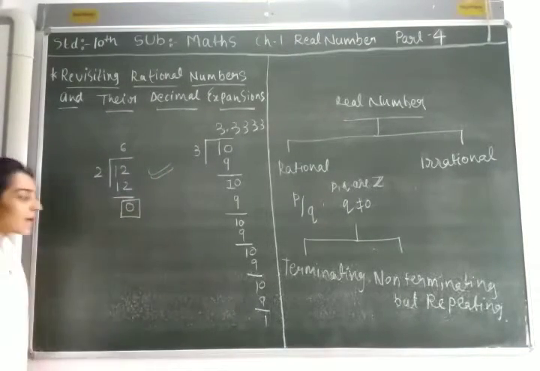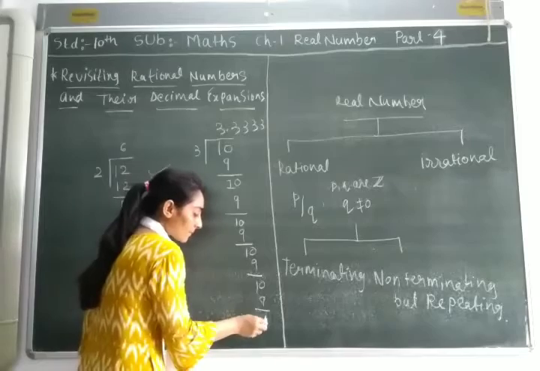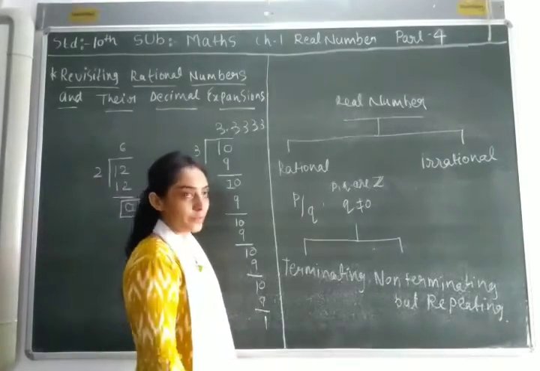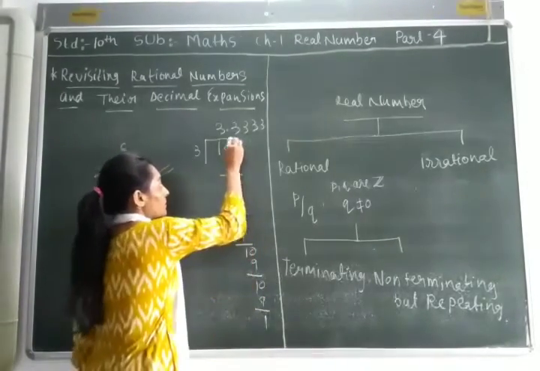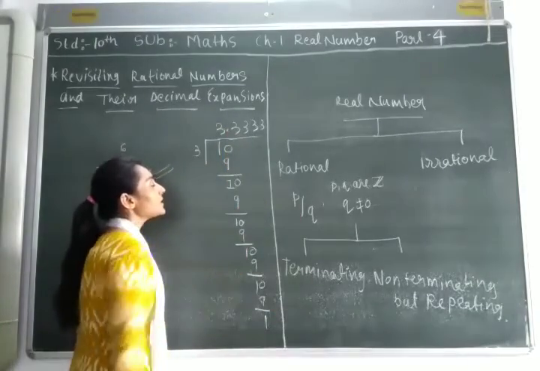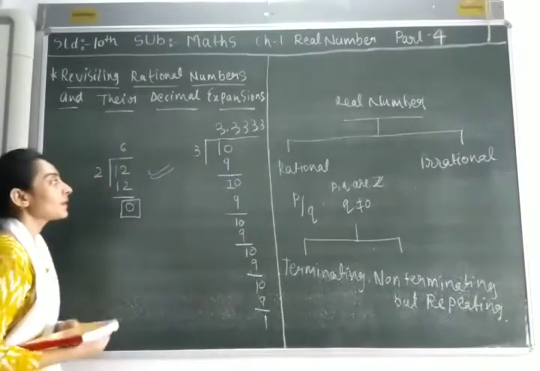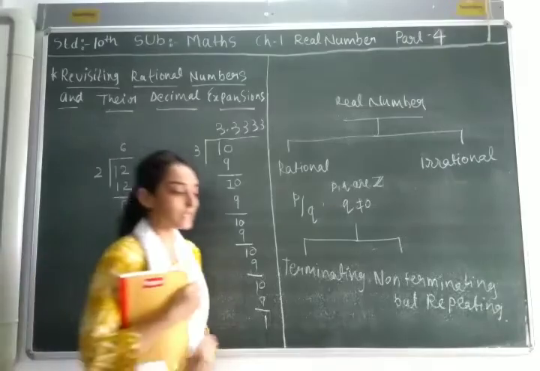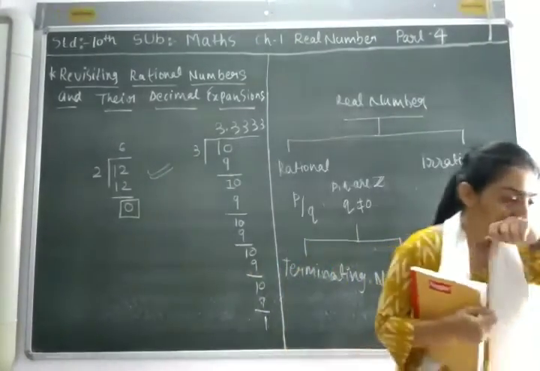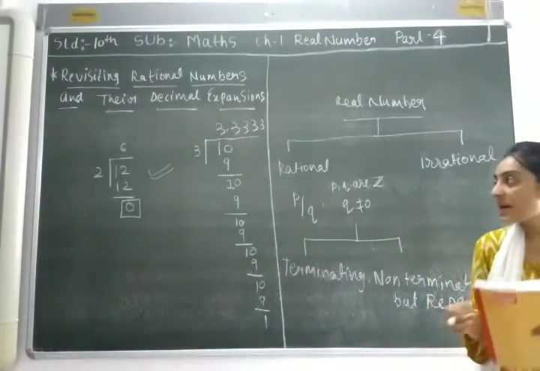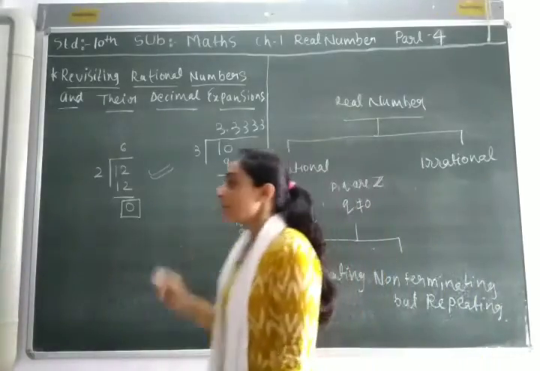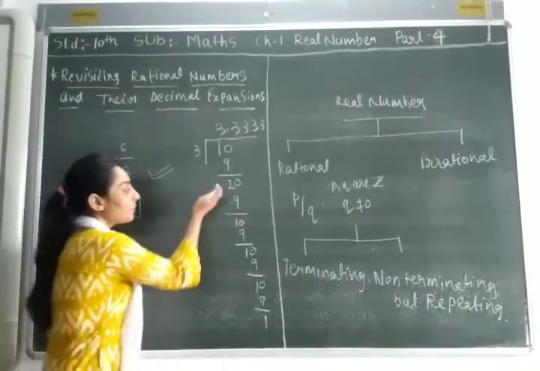As you can observe, I'm not getting remainder 0. And my quotient keeps on repeating, 3.3333.